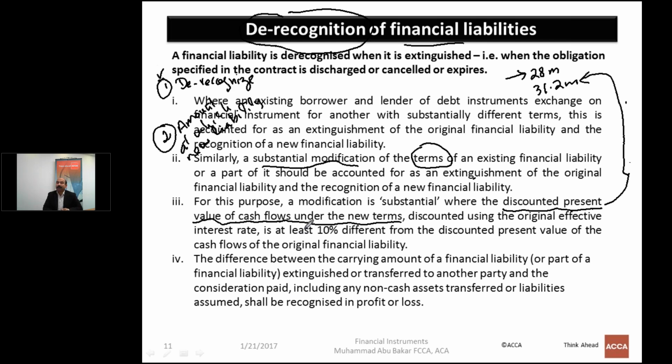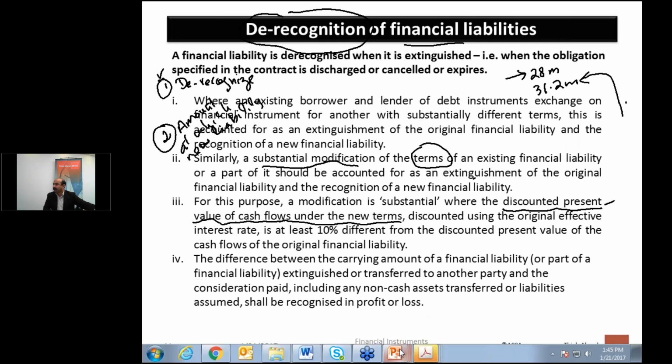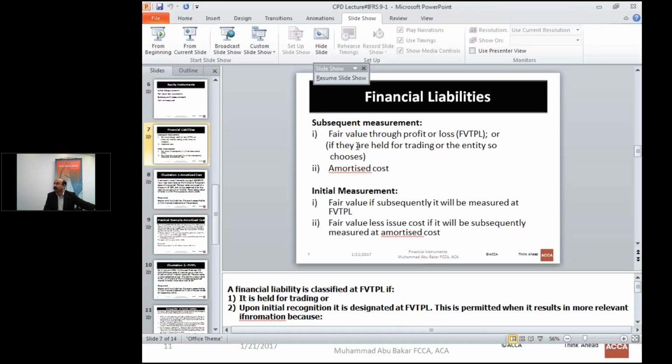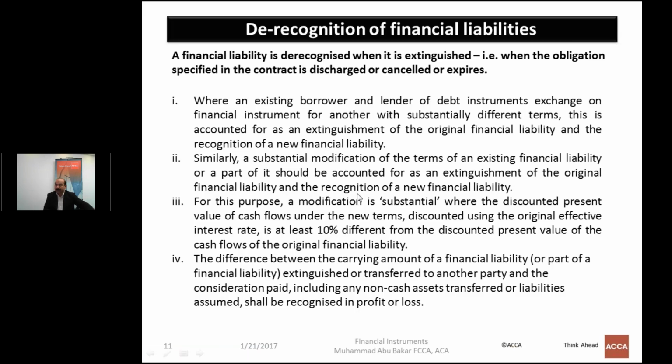Okay. Now, what about the new liability? At what amount should it be recognized? About this, we will have to go back to an earlier slide. Okay, let me bring it to the normal mode.